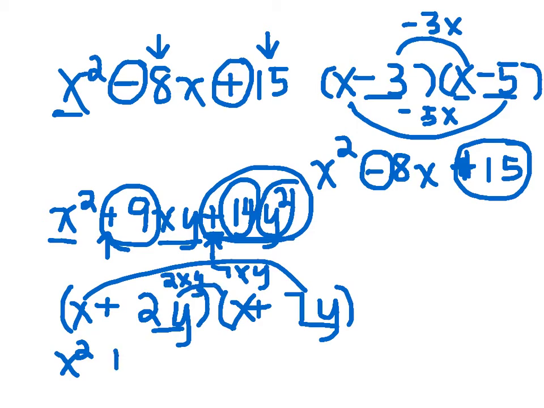So together they give me 9xy, and that's where the xy comes from. Last gives me 14y squared. When I'm adding my like terms, the exponents stay the same. When I'm multiplying 2y times 7y, I have to add my exponents. I know it's a lot to keep in your heads, but I think you're pretty good at exponent rules at this point.